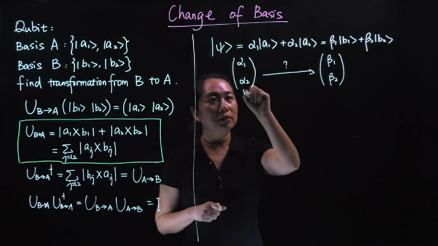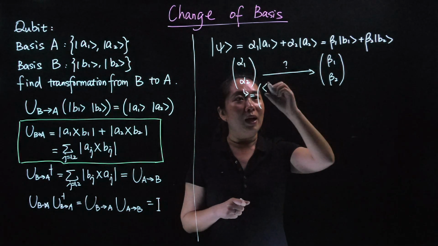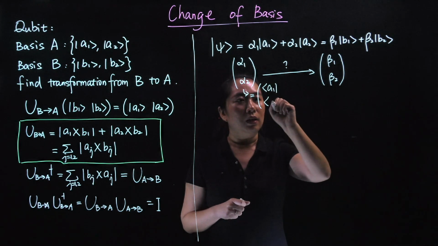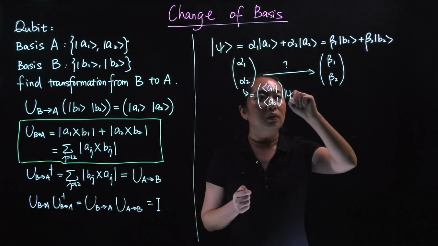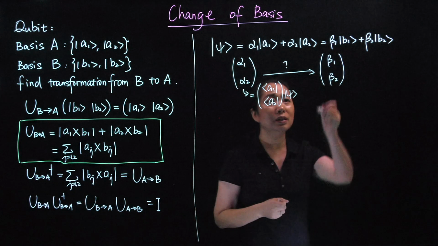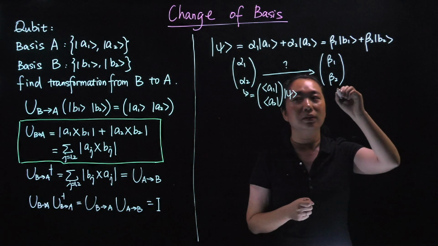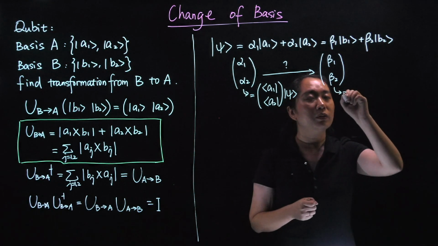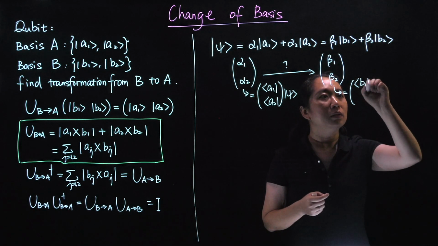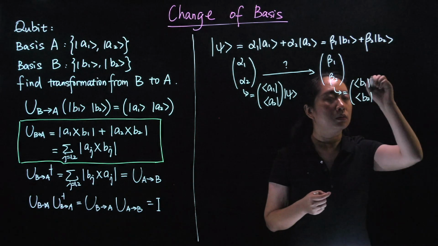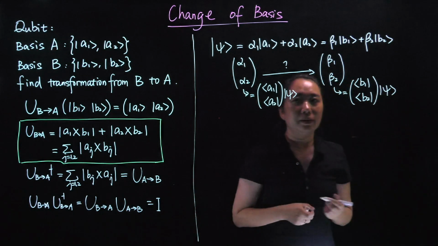So we can write this as the column of bras A1 and A2 inner product with the state psi. Similarly, the coefficients beta 1 and beta 2 are also the inner products as such. So this can be written as a column of the bras B1, B2, and take inner product with psi.